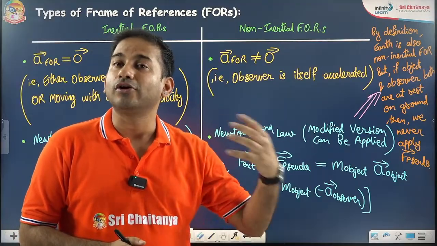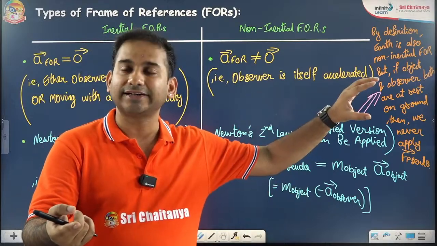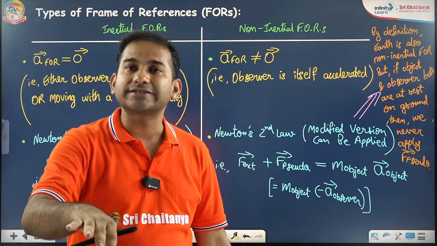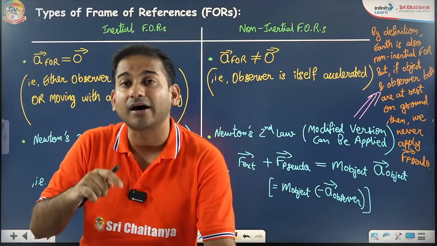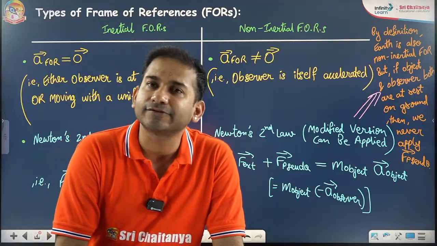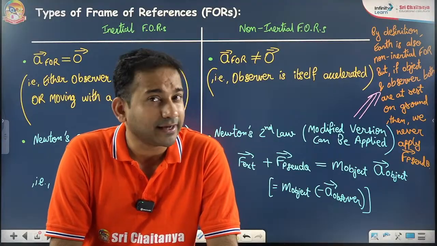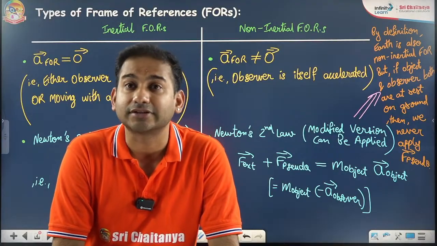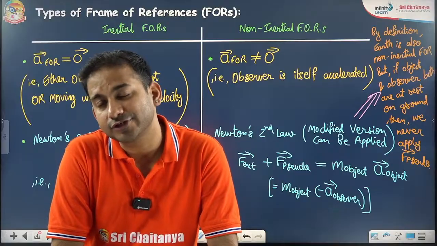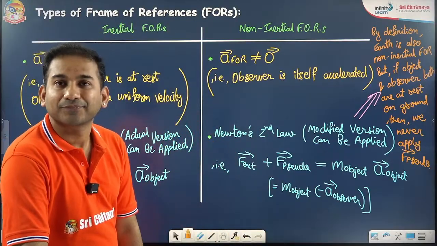Pseudo force is always applied on the object when the observer is accelerated, opposite to the direction of the observer's acceleration. When you write it mathematically, F is equal to ma, m should be the mass of the object, whereas a should be the acceleration of the observer. That's the entire story.